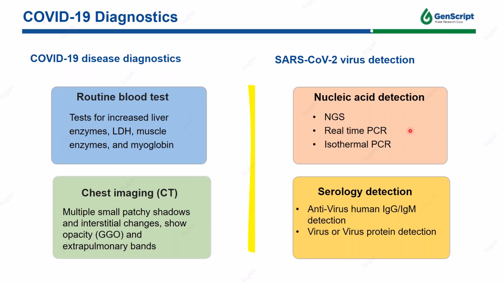Another is for the antibody and protein detection. As we know, detection of antibodies can be used both for diagnosis and population surveillance. Antibodies test how many people have had the disease, including those whose symptoms were minor or who were asymptomatic.